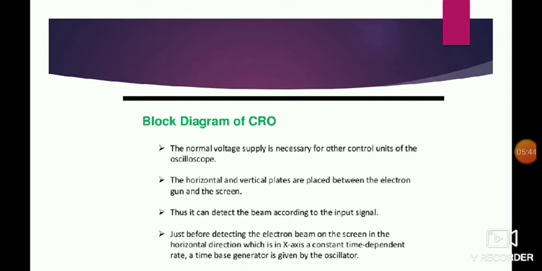Just before deflecting the electron beam on the screen in the horizontal direction, which is the x-axis, a time-dependent rate, a time base generator, is given by the oscillator.